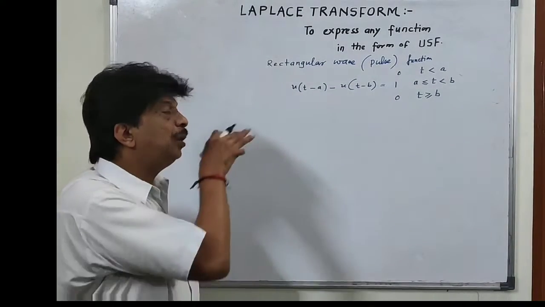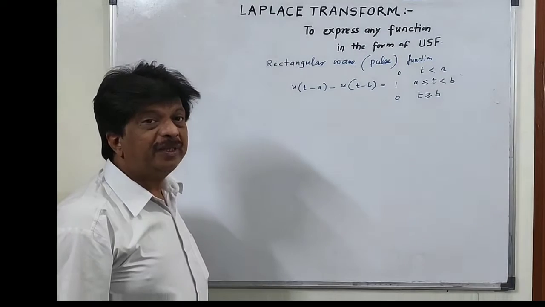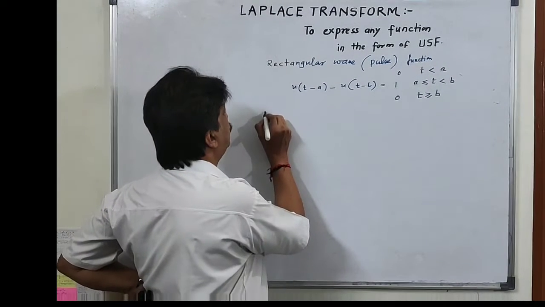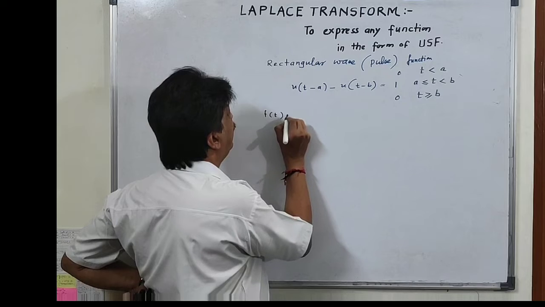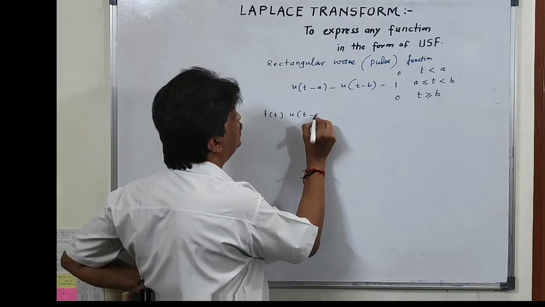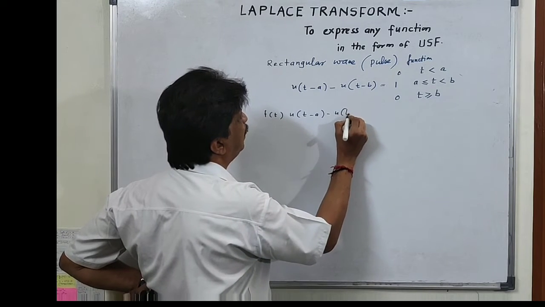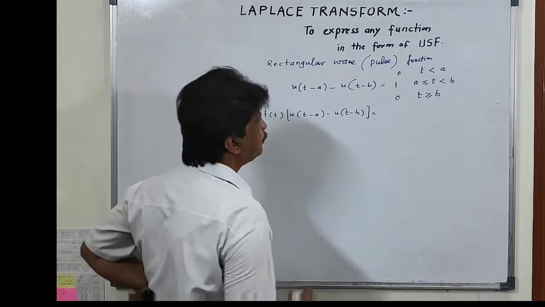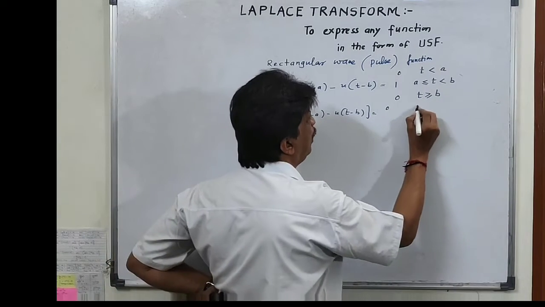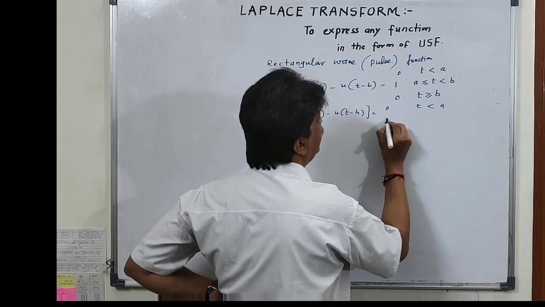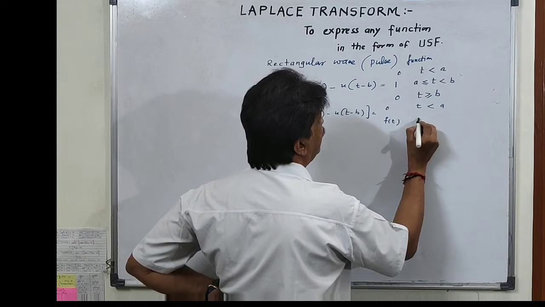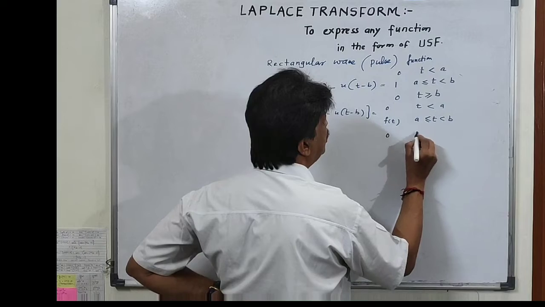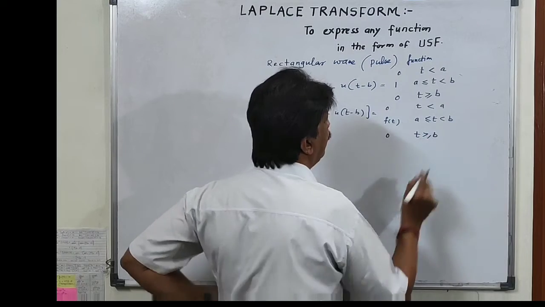Now we shall see the effect of multiplying this rectangular wave function with f of t. F of t into u of t minus a minus u of t minus b is equal to 0 when t is less than a. It is equal to f of t when t lies between a and b, and again 0 when t exceeds b.